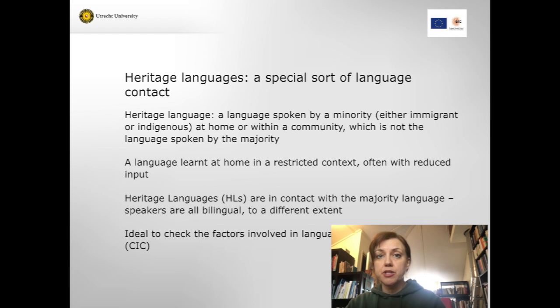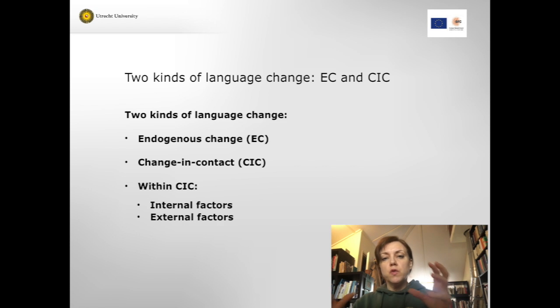And heritage languages are actually ideal for studying the causes of language change. When you look at language change in general, you have two main branches of studies. One concentrates on spontaneous, endogenous change.